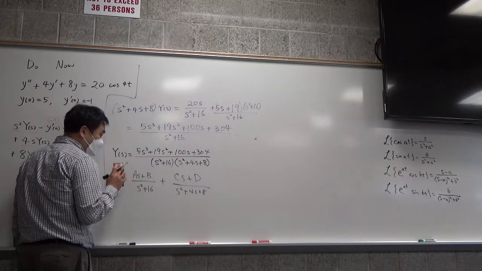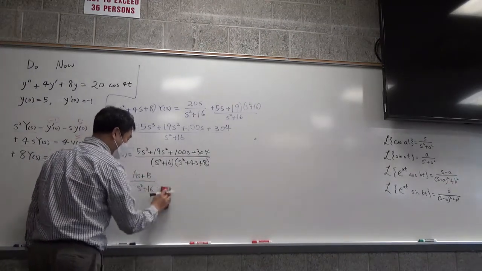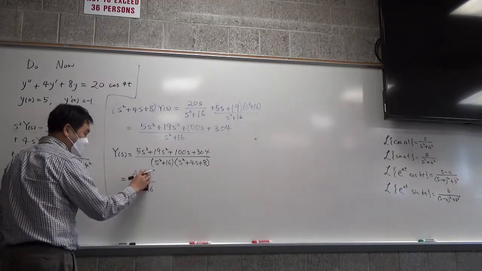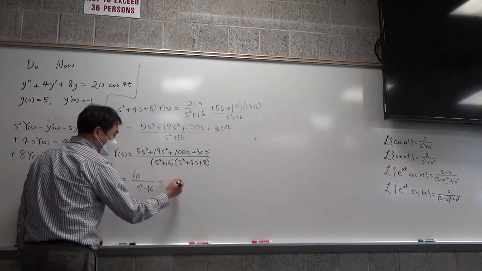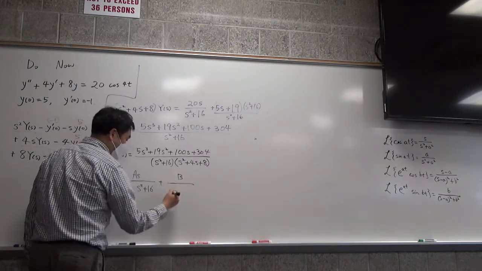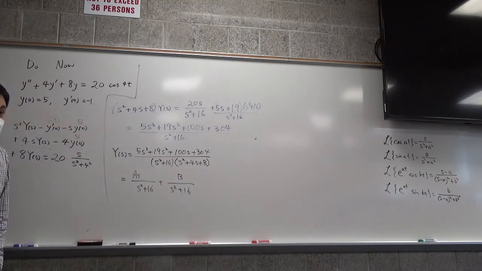Instead of doing this way, first, instead of writing AS plus B, I'm going to write it as AS plus B over s squared plus 16, right?